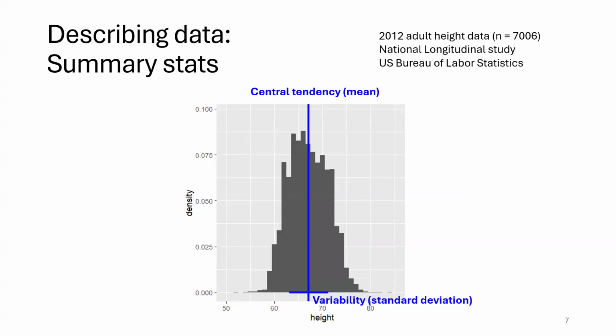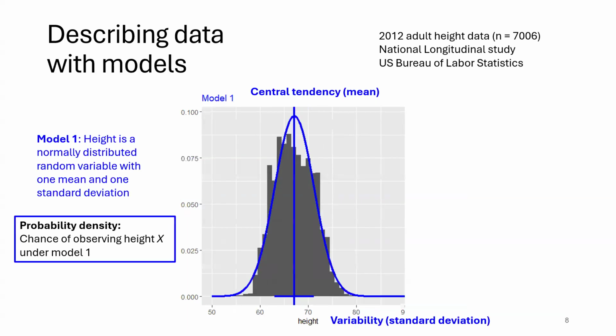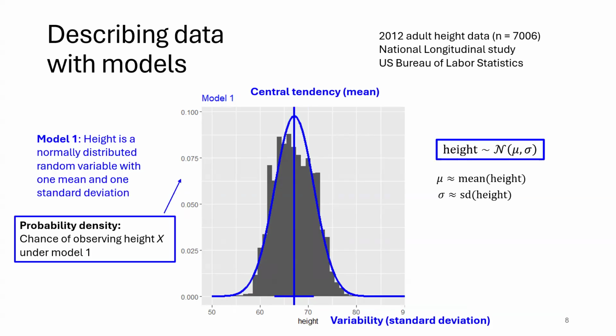And it just so happens that these two ways of quantifying these characteristics relate to the normal distribution model. In words, you would say height is a normally distributed random variable with a single mean and standard deviation.